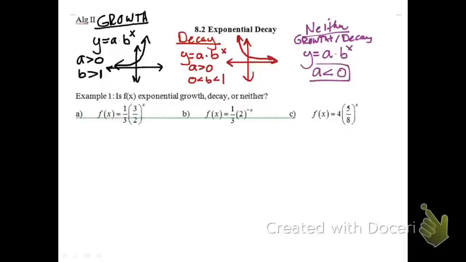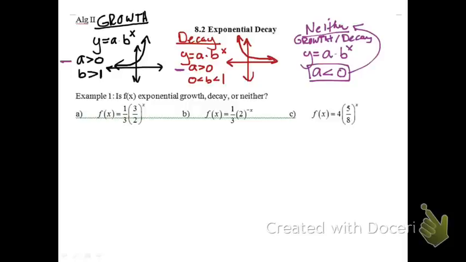Right then and there, if you see a less than 0, you know it's neither growth or decay. If it's going to be growth or decay, your a value's got to be positive to begin with. So a couple of questions I might give you on a quiz or test is just to look at some functions and tell me if it's exponential growth, decay, or neither.